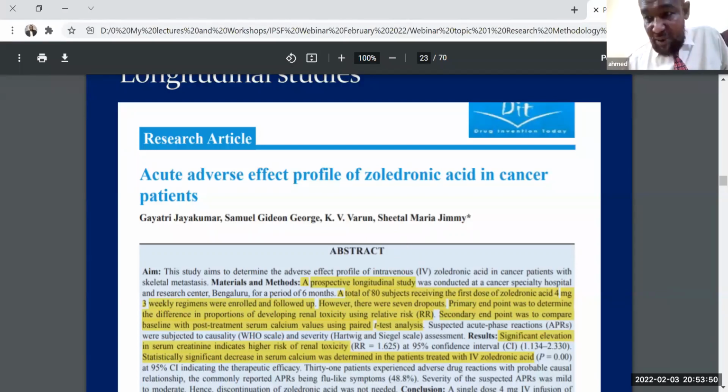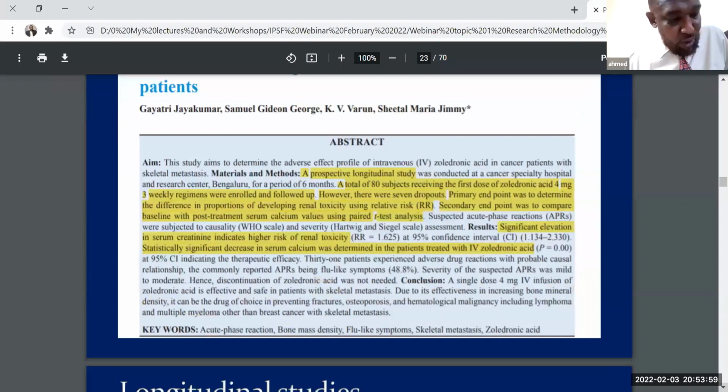One advantage, we can measure change in observation over time. Also, we can measure outcomes of a certain exposure. That means looking into the dependent variable based on the effect of the independent variable on the dependent variable using a longitudinal study.